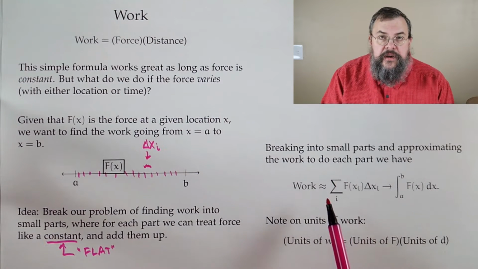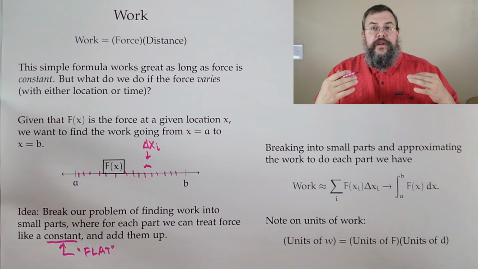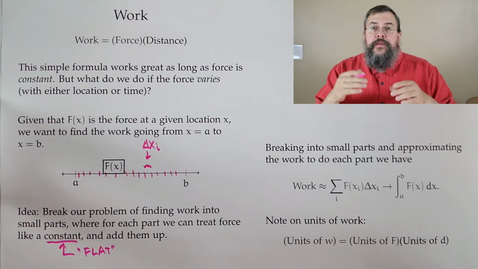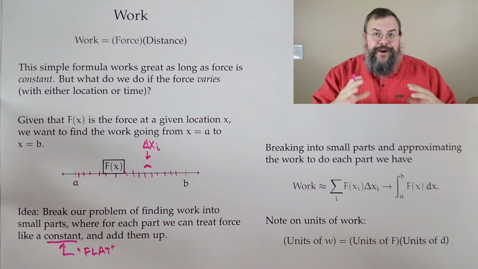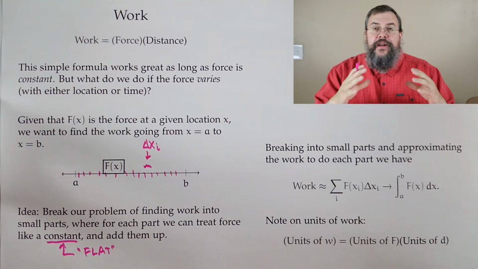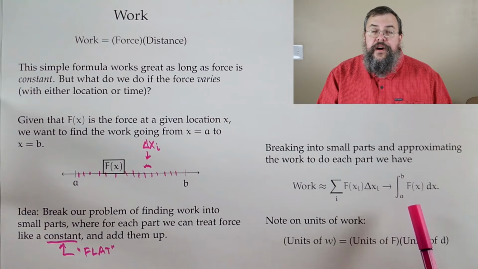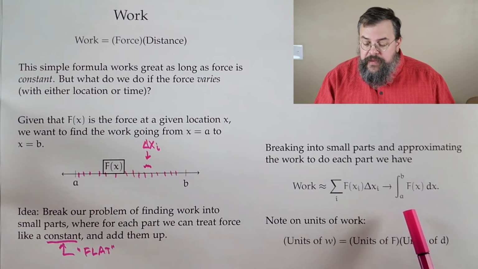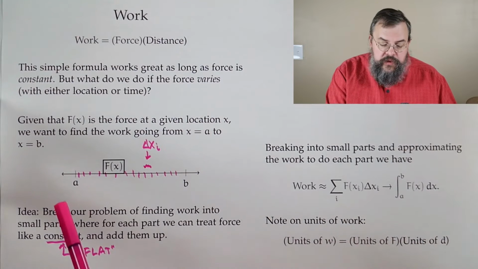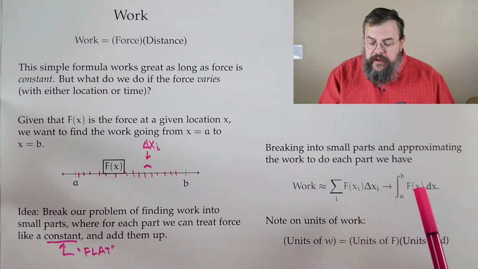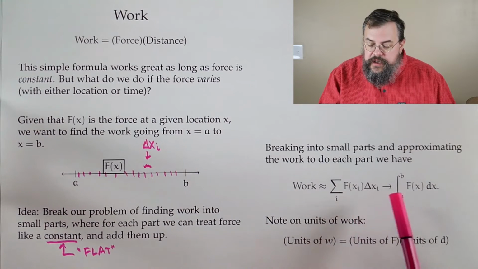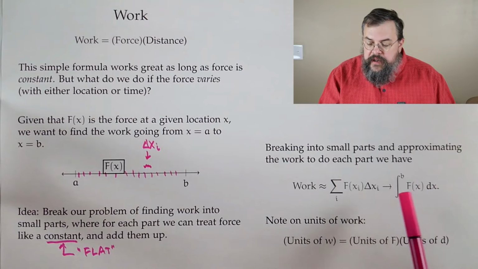Add them all together. Now, of course, the idea of integration says, chop things into smaller and smaller pieces, and then our sum becomes an integral, because integration is all about adding things up. Integral from start to stop, A to B, the force times the distance.